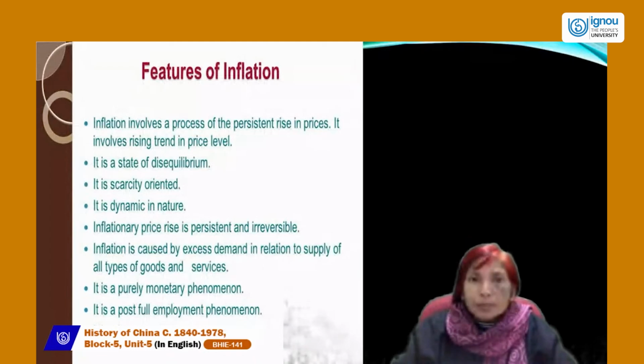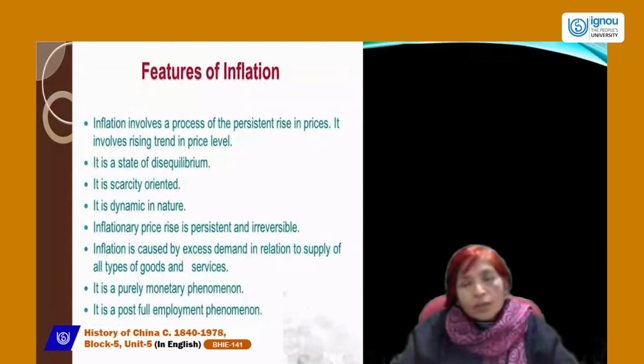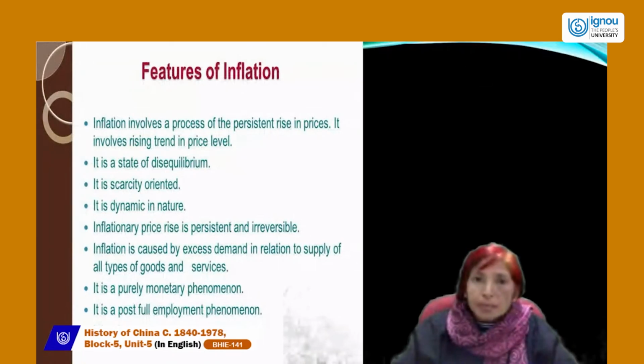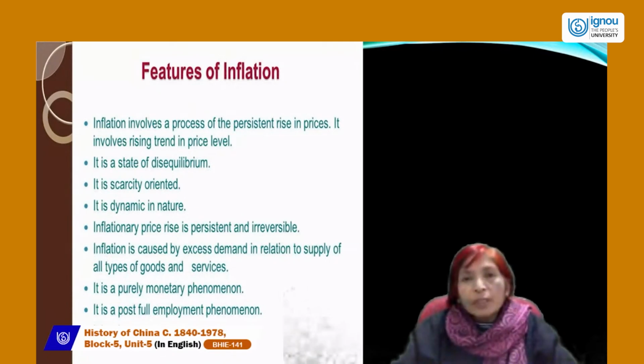It's a state of disequilibrium, because when demand is more than supply, then generally inflation occurs. If demand and supply are equal, that is called the equilibrium position. So inflation doesn't occur at the point of equilibrium. Inflation generally occurs in a state of disequilibrium when demand is more than supply.